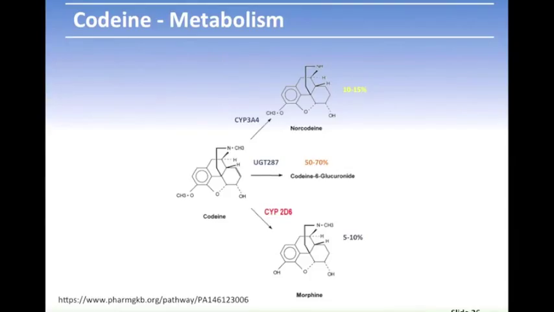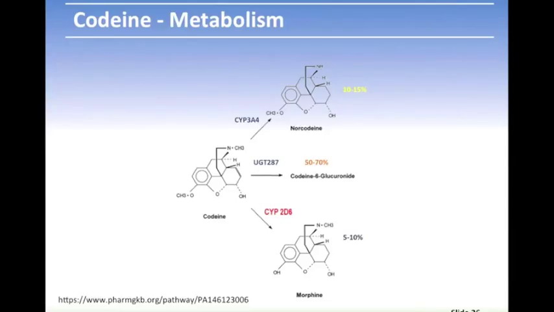Codeine 6-glucuronide has a similar affinity to the mu receptor as codeine. Approximately 10 to 15% of codeine is demethylated to norcodeine by CYP3A4, again indicated in the top part of the slide. Norcodeine also has a similar affinity for the mu opioid receptor as codeine itself. Now, about 5 to 10% of codeine is demethylated to morphine, the most active metabolite.